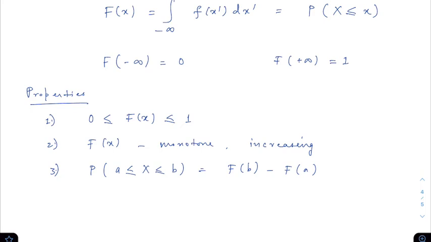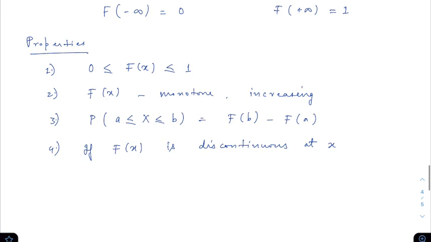Now if F(x) is discontinuous at x, that would mean the probability of the random variable assuming the value x is given by the size of the jump at that point.